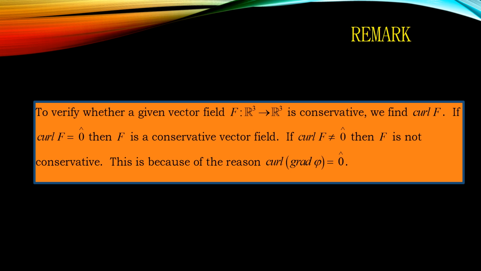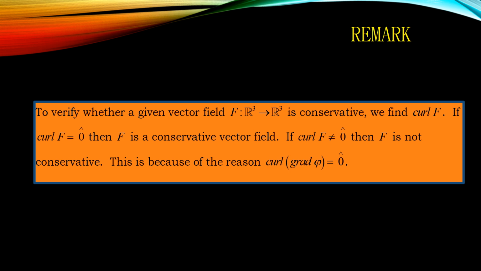Here, if we take a vector field big F, if it is conservative, then it is equal to the gradient of some scalar field phi. If we find out curl on both sides, curl F equals curl of grad phi. We have seen already that curl of grad phi equals 0 cap. Hence curl F equals 0 cap.